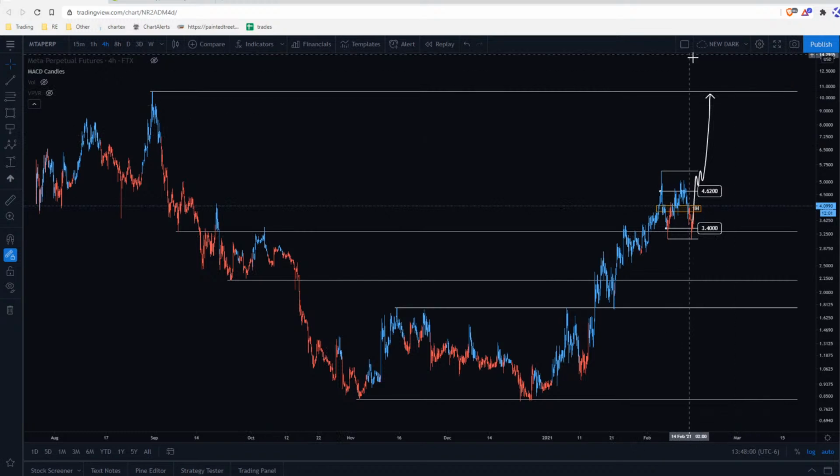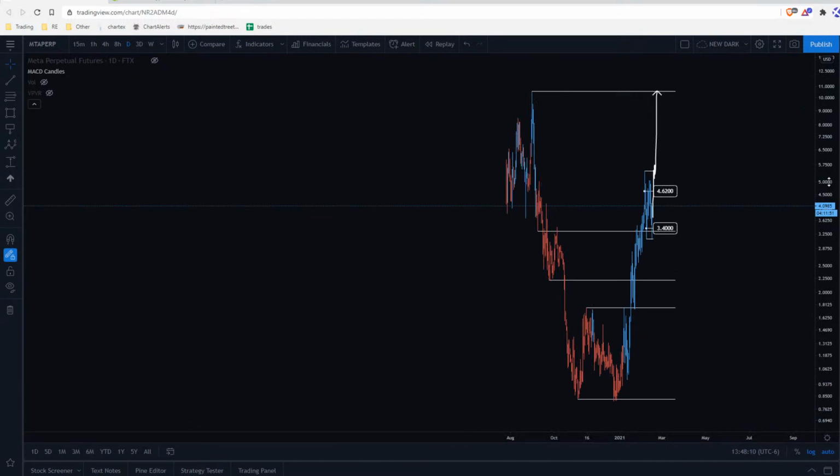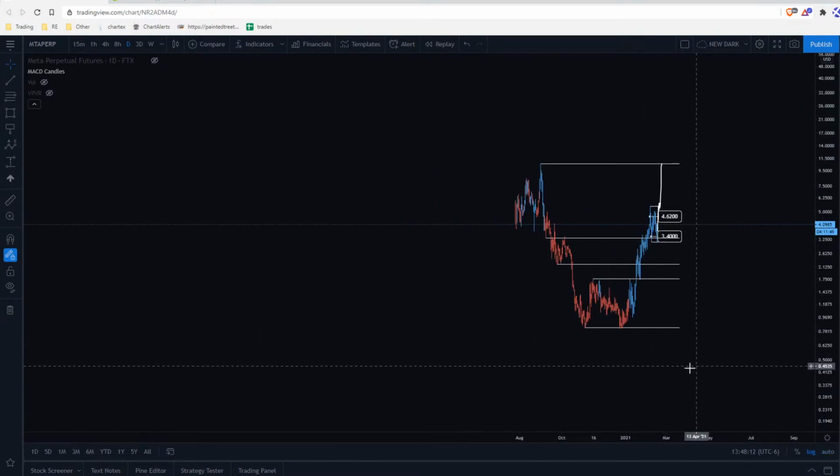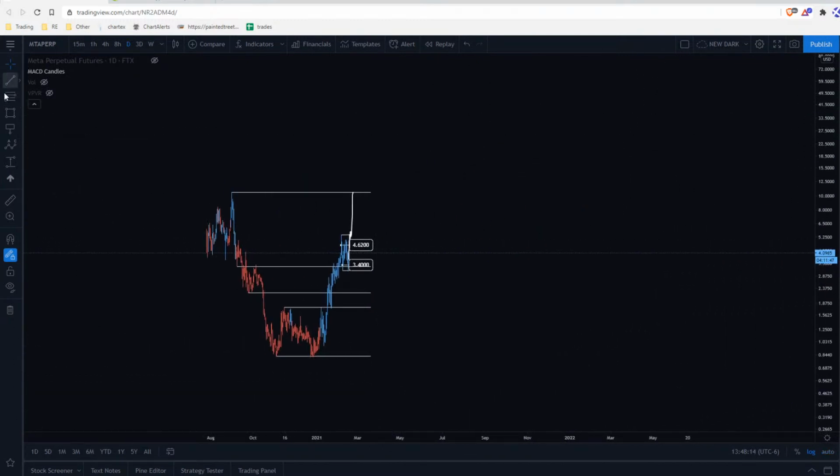So I will definitely be taking some profits at the all-time high. I'm not going to be getting too greedy on this one because I don't see a large accumulation range. I don't look at a daily and think this is an accumulation range. Maybe it's even worse, where this is our sell-off.